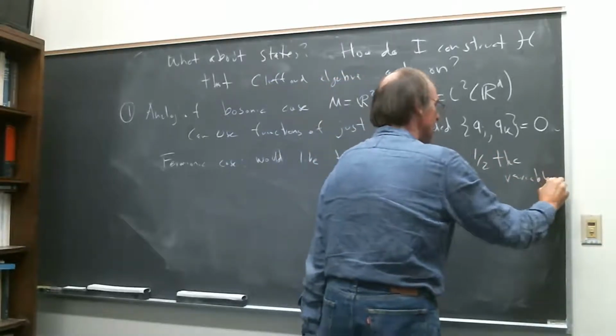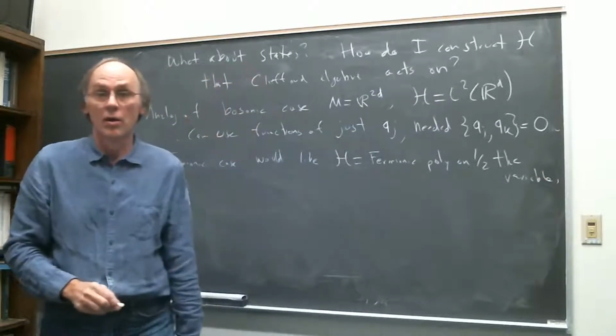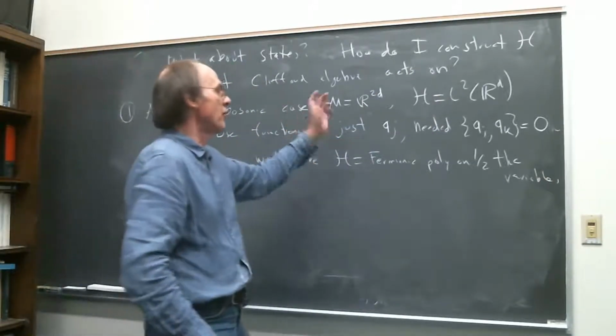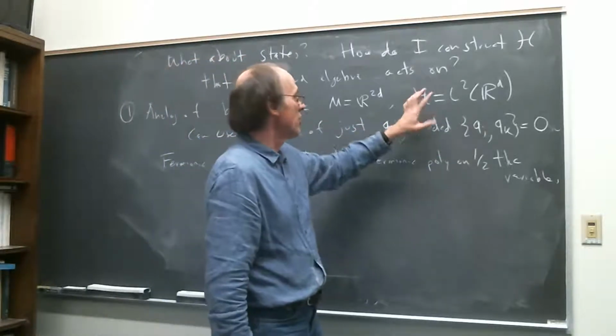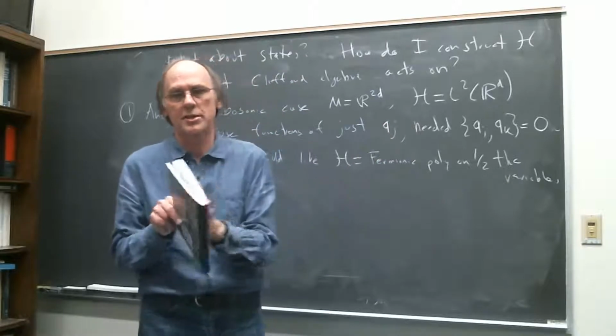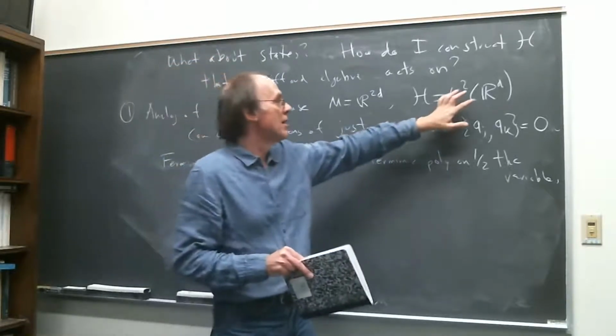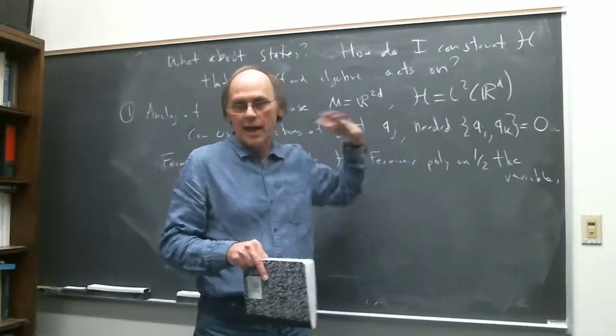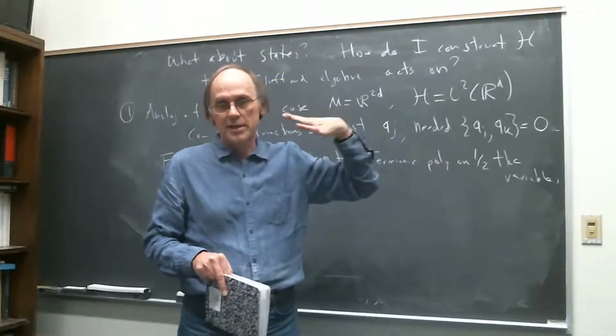Why do we take only the Q's but not the P's? Well, if you took the Fourier transform, you could also do it on the P's. But the point is that the state space is functions on half the variables. This is the basic thing about quantum mechanics.